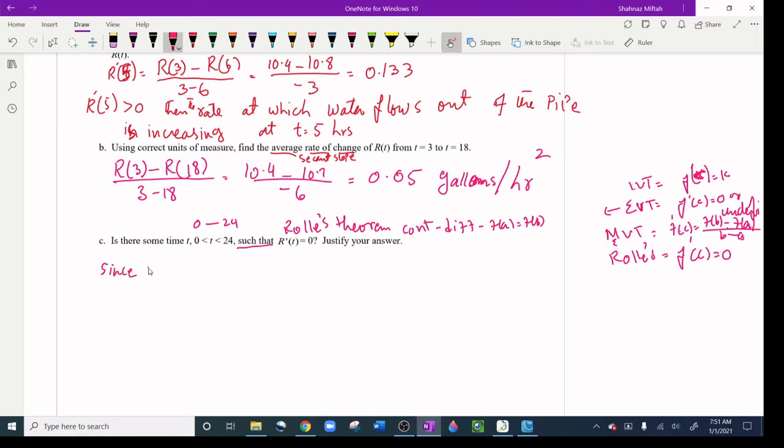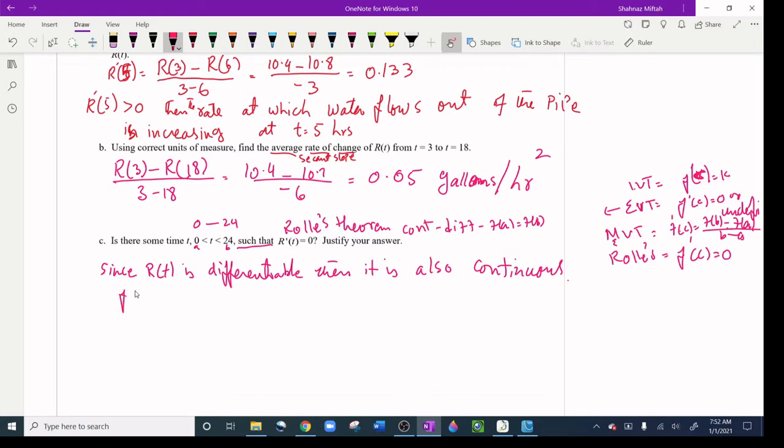Since r of t is differentiable, then it is also continuous. Now I have to look for f of b and f of a. So I can say that's a and that's b.